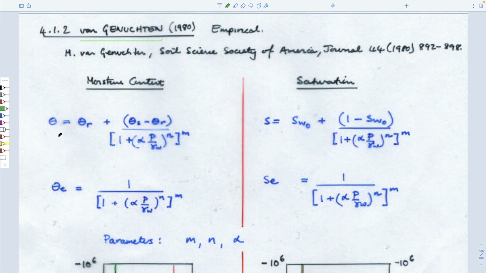So volumetric moisture content is defined as equivalent to the residual volumetric content. So this is what we've called phi W0. This is the irreducible moisture content in the system. This is the saturated water content, moisture content, and this is the residual.